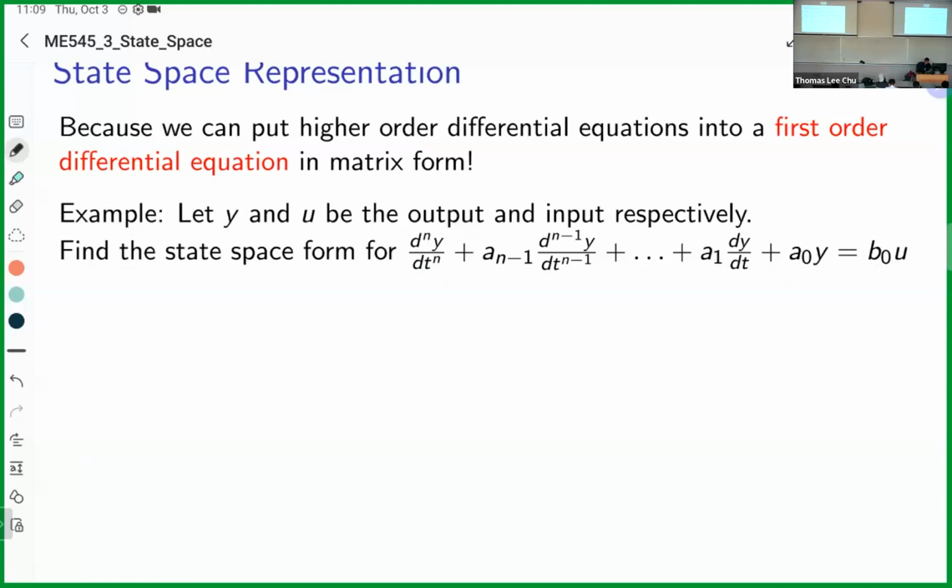Basically, we can rewrite this as y to the nth derivative equals minus a n minus 1 times y to the n minus 1 derivative, minus all the way down to a1 y first derivative, minus a0 y, plus b0 u.